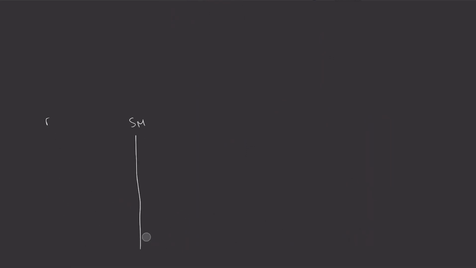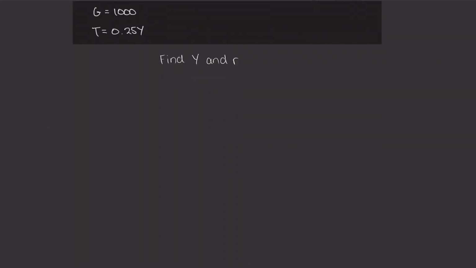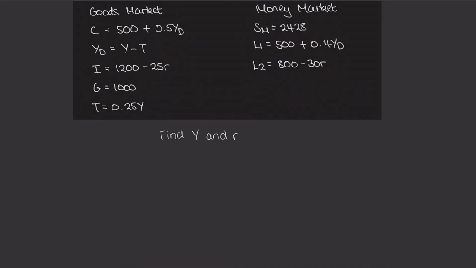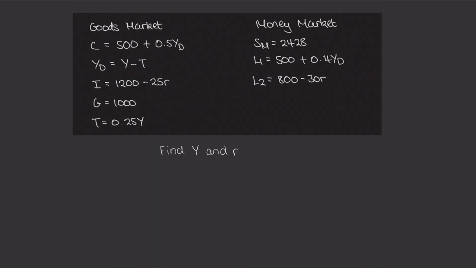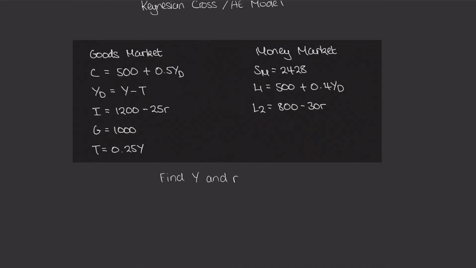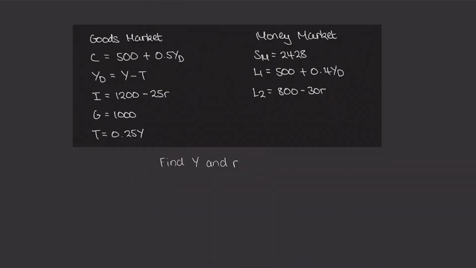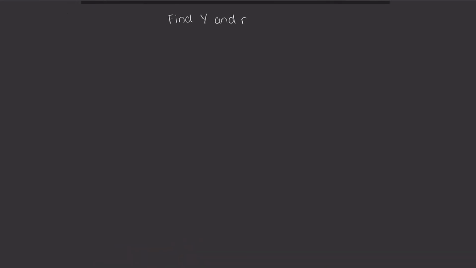So that's a little crash course on ISLM. Once you know it, it's not that hard. It looks a bit complicated, but it really isn't. Before we start on this question, all you have to remember for the aggregate expenditure model is Y equals E, because that's the given state.